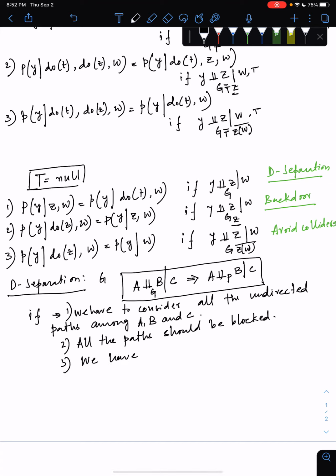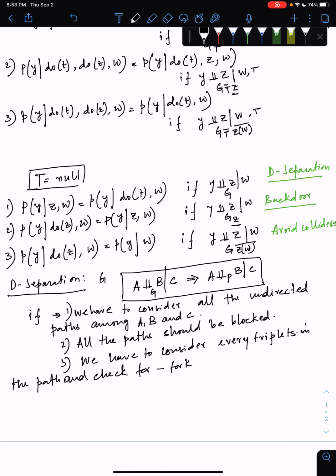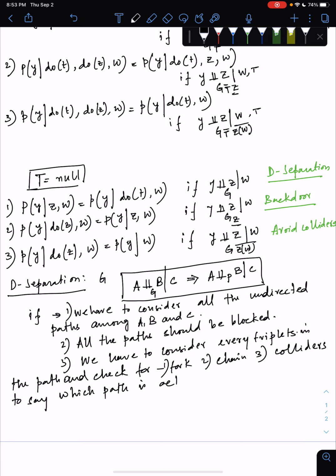And we have to consider every triplet in the path and check for fork, then chain, and immoralities or colliders to say which path is active.